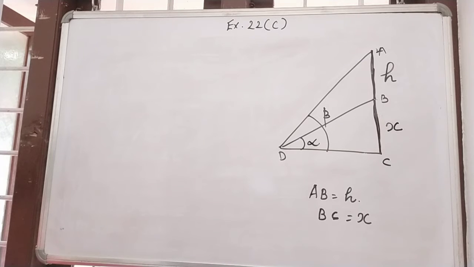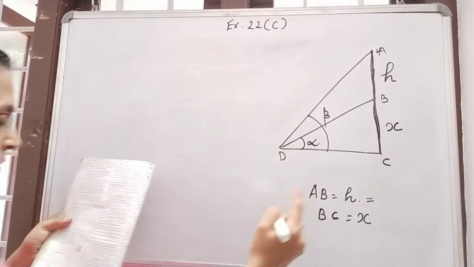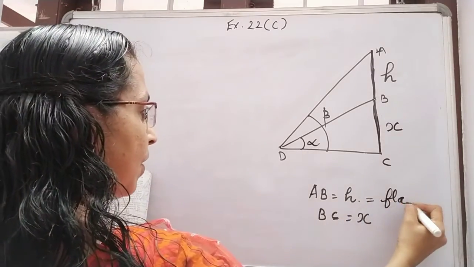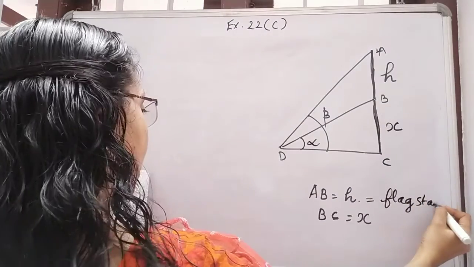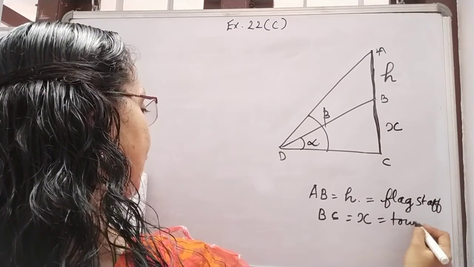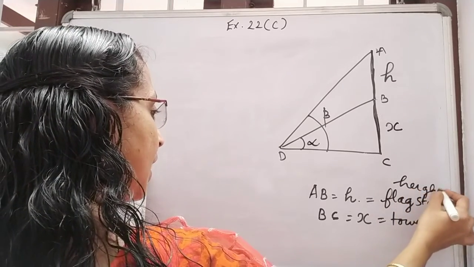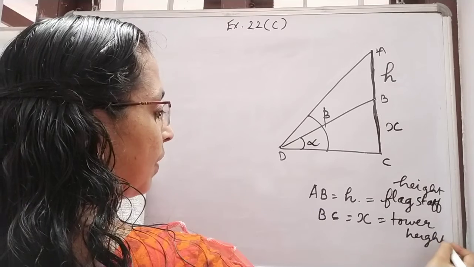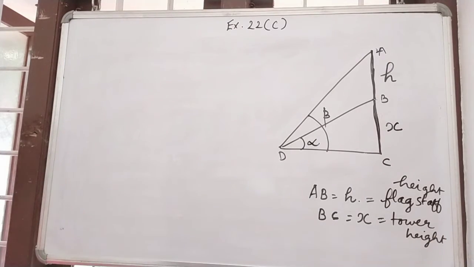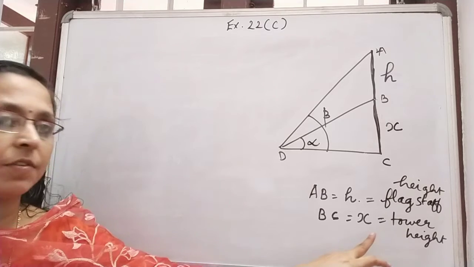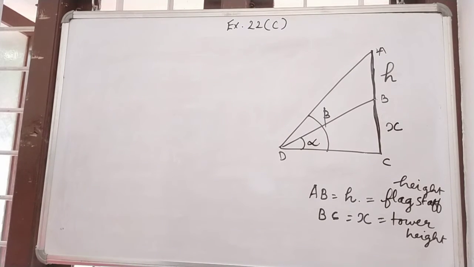Is it clear? x is the height of the tower and h is the height of the flagstaff. The height of the flagstaff is h and the height of the tower is x. I think it is clear.